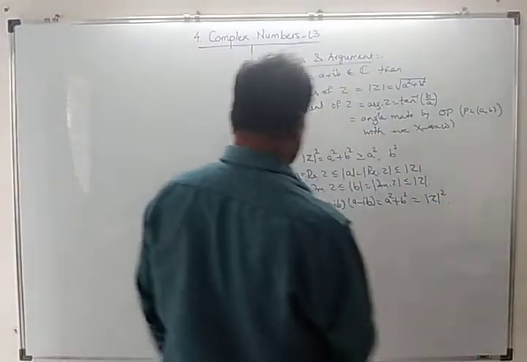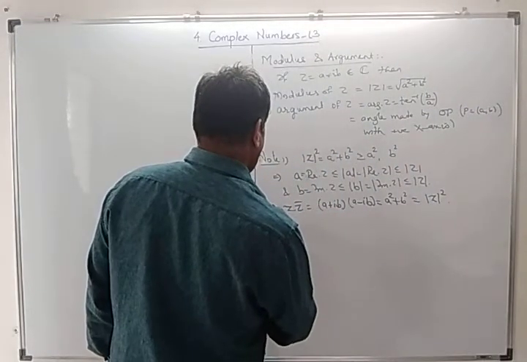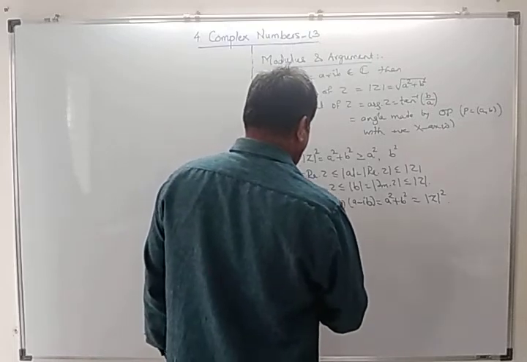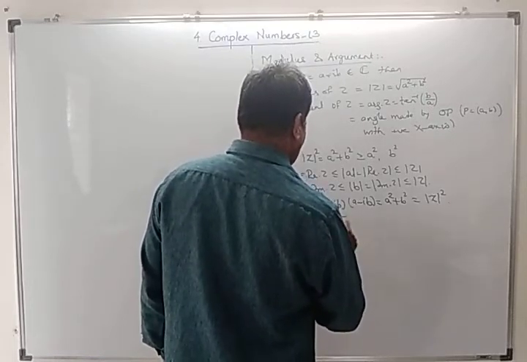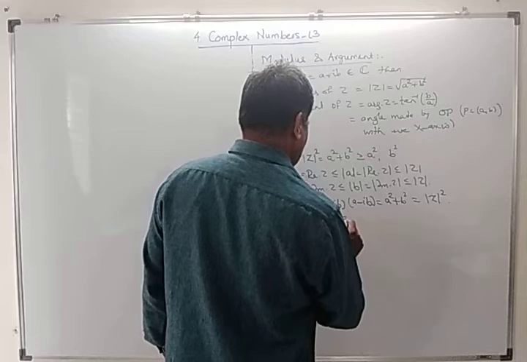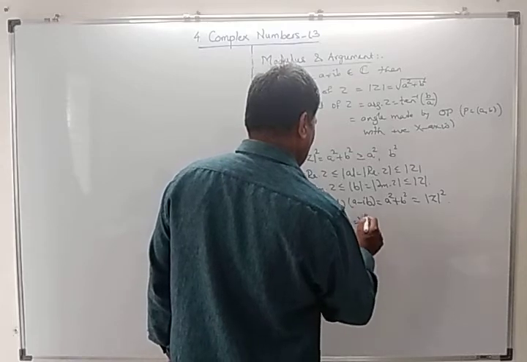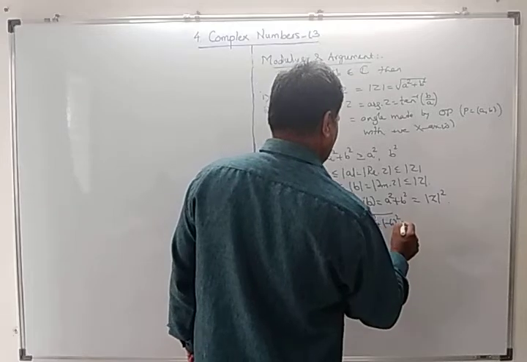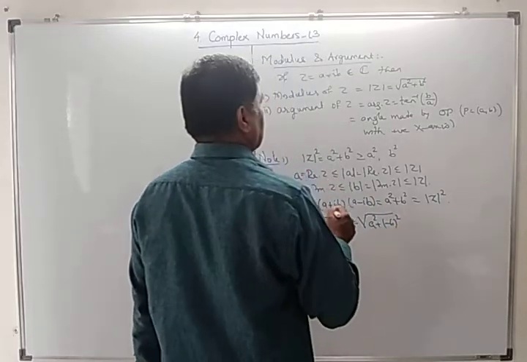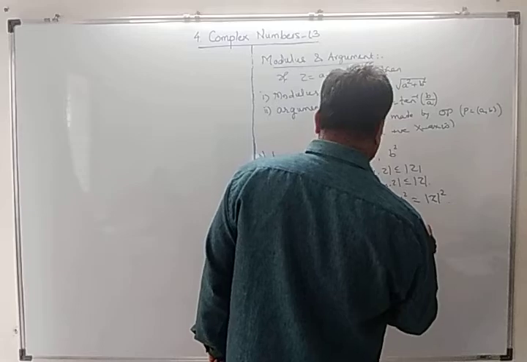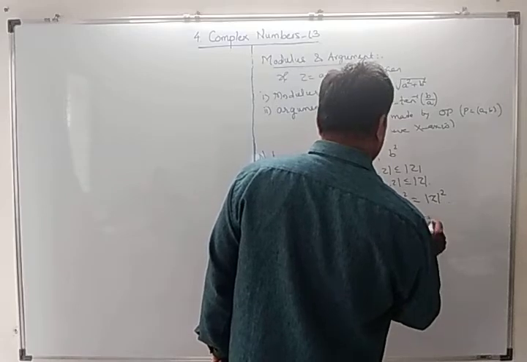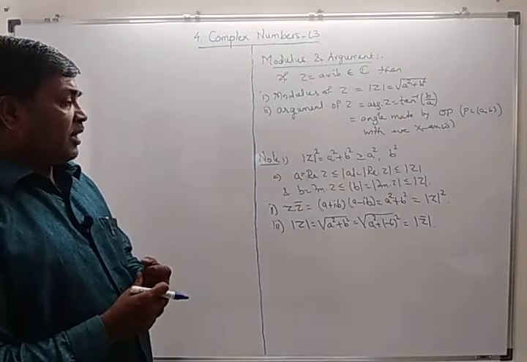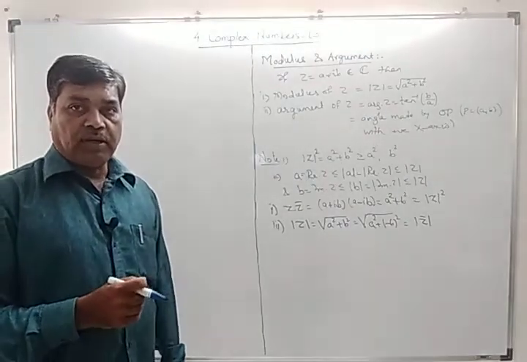Third, mod z is equal to under root of a square plus b square, which is same as under root of a square plus b square with b negated, which is equal to mod of z bar.